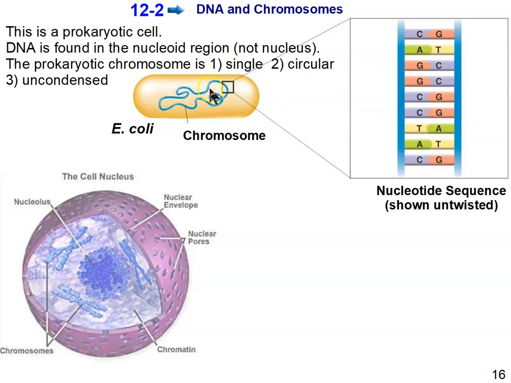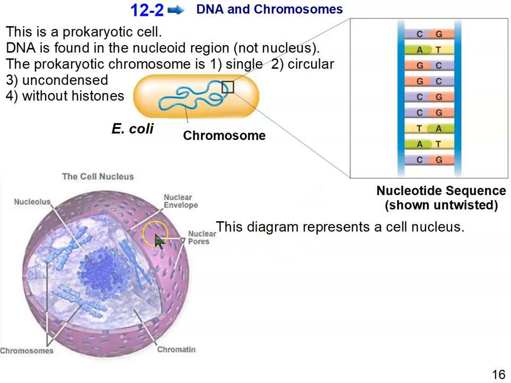In a eukaryotic cell, the DNA has all kinds of proteins along with it that cause it to condense, that pack it and condense it. So histones are the names of those proteins. So in a prokaryotic cell, there are no histones. There are no proteins associated with the DNA.